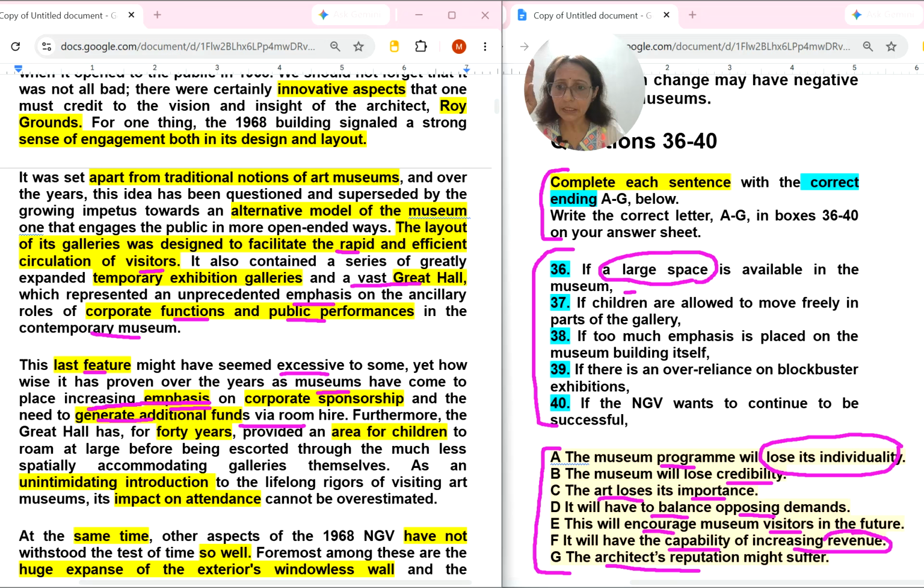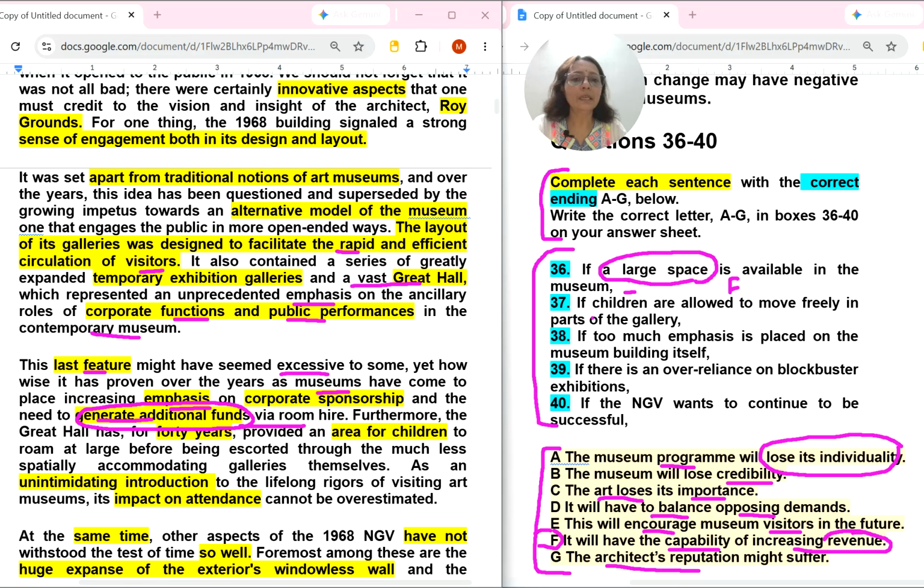Notice that additional funds is related to revenue. Hiring a room means it has the capability of increasing revenue. So F will come with number 36. I will mark this F.